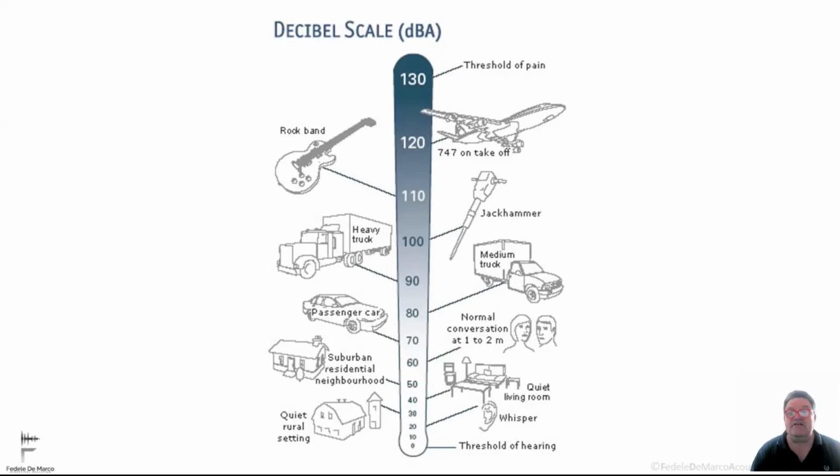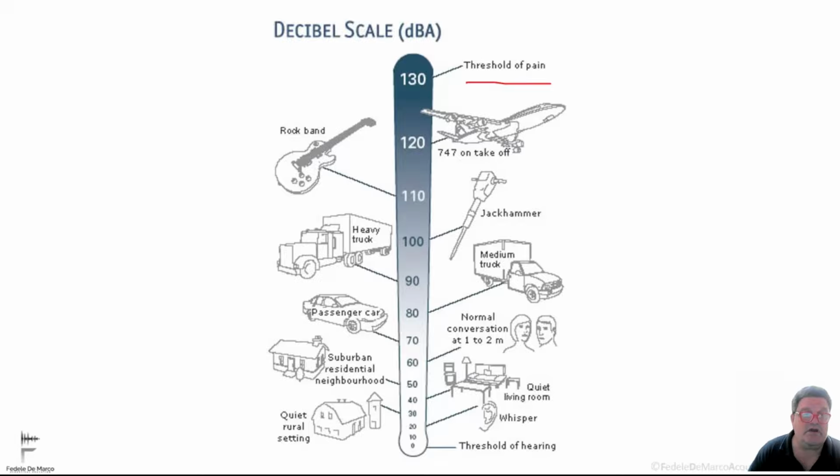As the last slide, this image shows the correspondence between decibels and noise, so the typical example values of sound pressure levels. The dB scale ranges from zero, which is the threshold of hearing, to 120, 150, which is the threshold of pain.